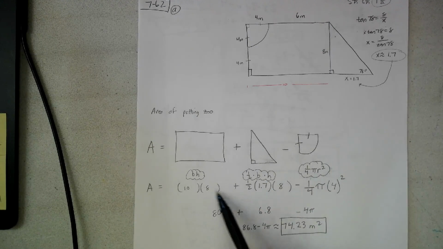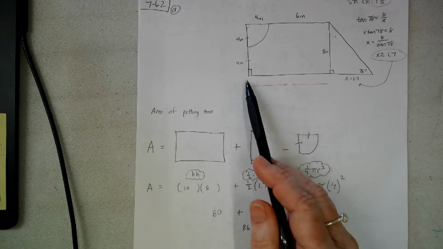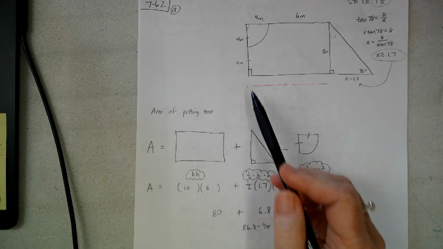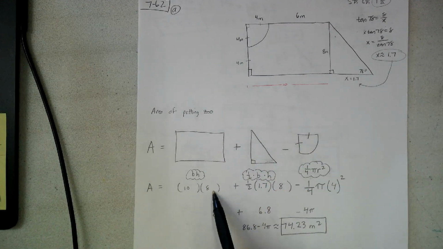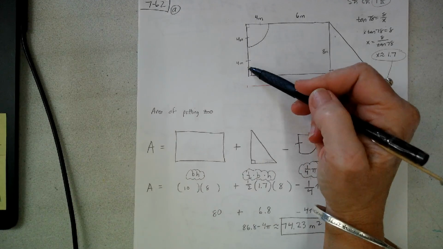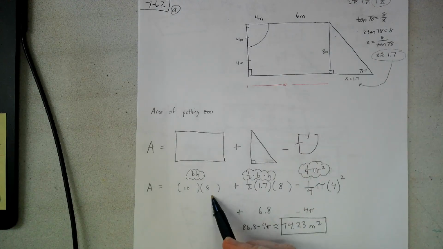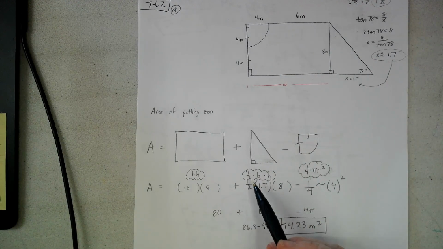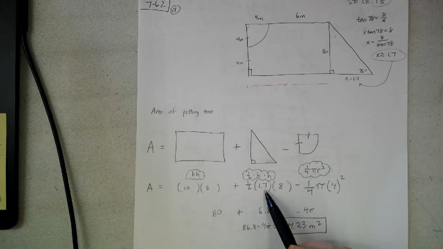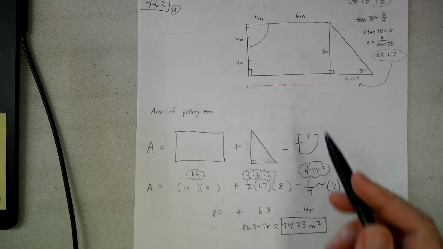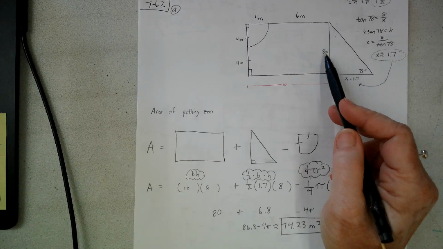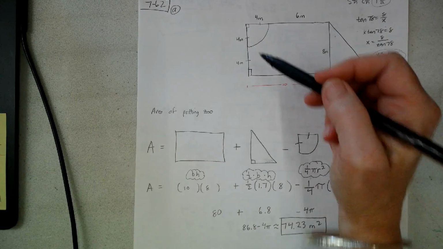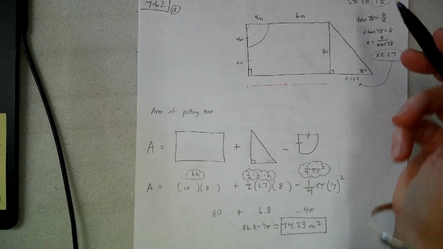And then I had to go through and get all my numbers. So I knew this bottom part was 10 because the 4 plus 6 is 10. The height was 8 because the 4 plus 4 made 8. So that's how I got this part done. And then I needed the base of the triangle, which we did not have. So for the triangle, the 8 was the height, because if it's 8 over here, it's also 8 over here.